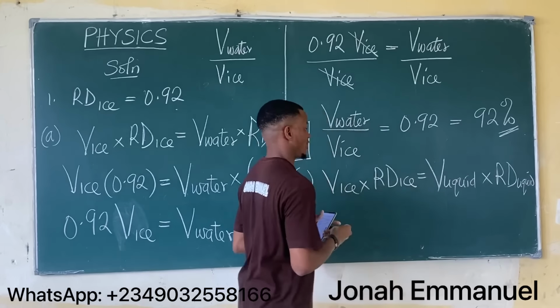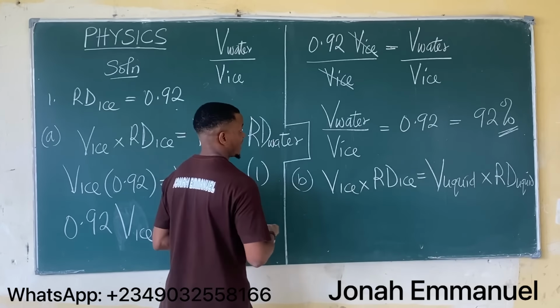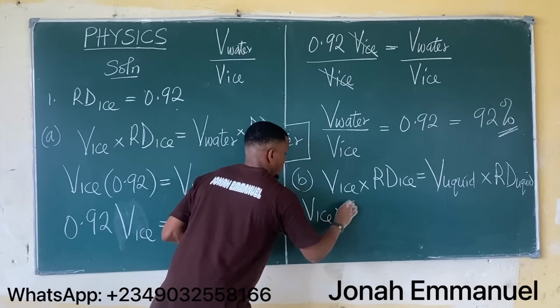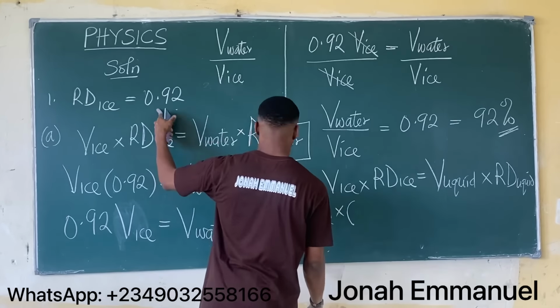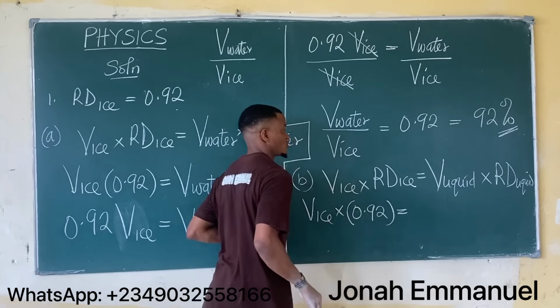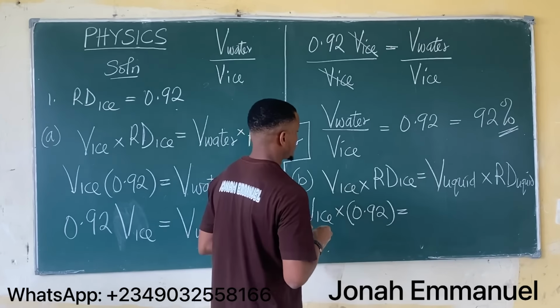From here, the volume of ice times 0.92 is equal to V liquid times the relative density of liquid, which in the question here is 1.11.